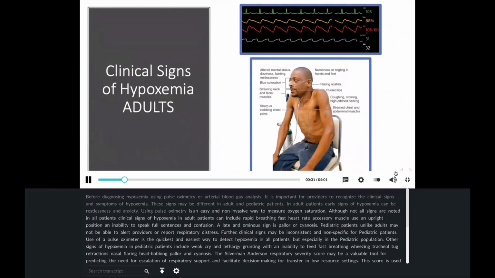Using pulse oximetry is an easy and non-invasive way to measure oxygen saturation. Although not all signs are noted in all patients, clinical signs of hypoxemia in adult patients can include rapid breathing, fast heart rate, accessory muscle use, an upright position, an inability to speak full sentences, and confusion. A late and ominous sign is pallor or cyanosis.